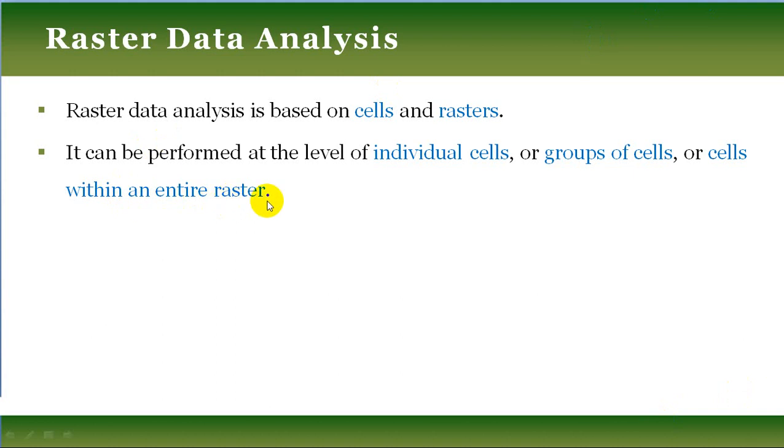So different types of raster analysis can be performed based on either an individual cell, a group of cells, or the entire cells present within a raster. Some raster analysis techniques only use individual cells, some use a group of cells, and some use all the cells of a particular raster.